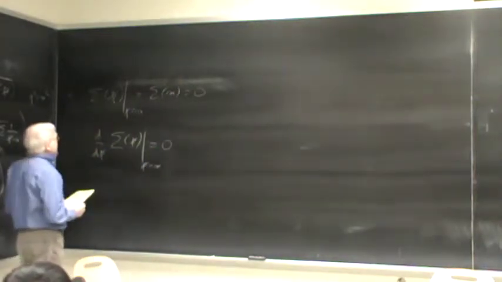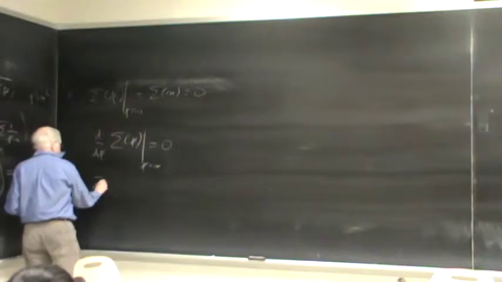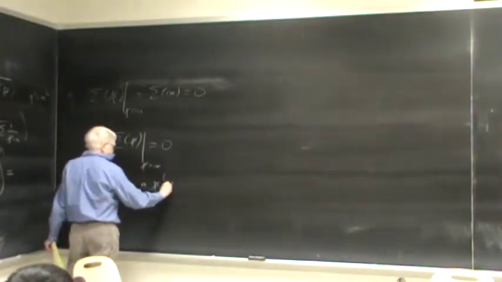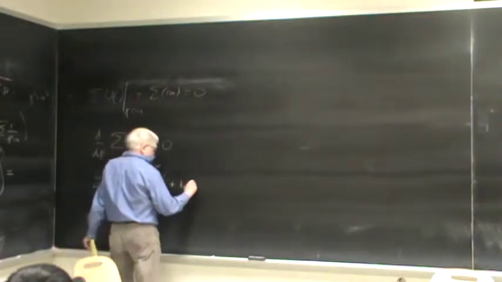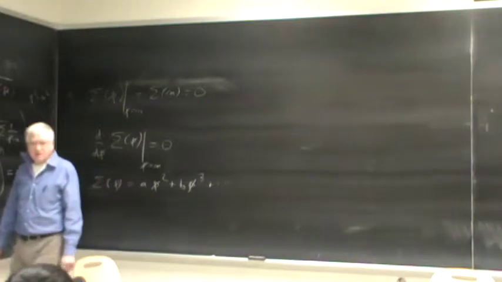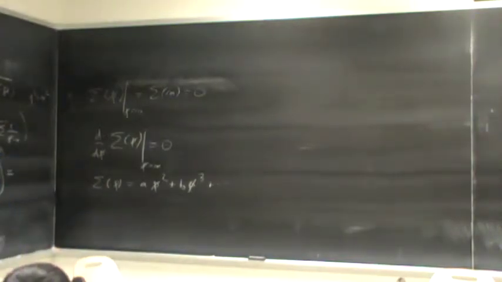So what this really means is that sigma of p-slash is A times p-slash squared plus B times p-slash, to... wait a minute, maybe I've got this wrong.